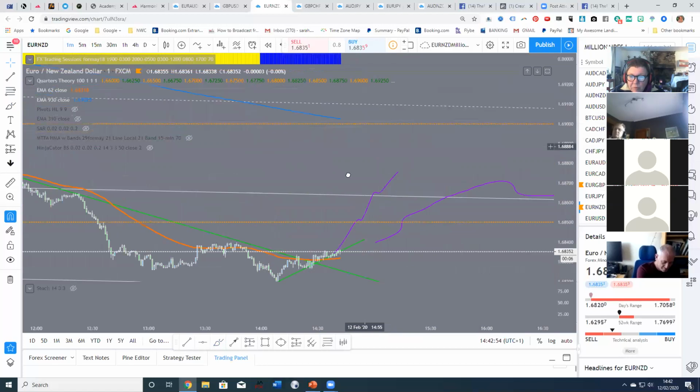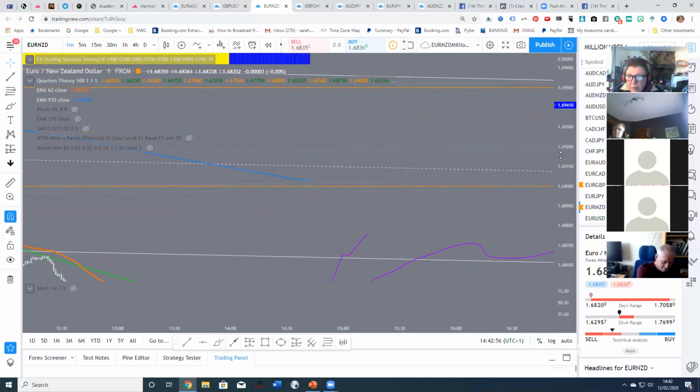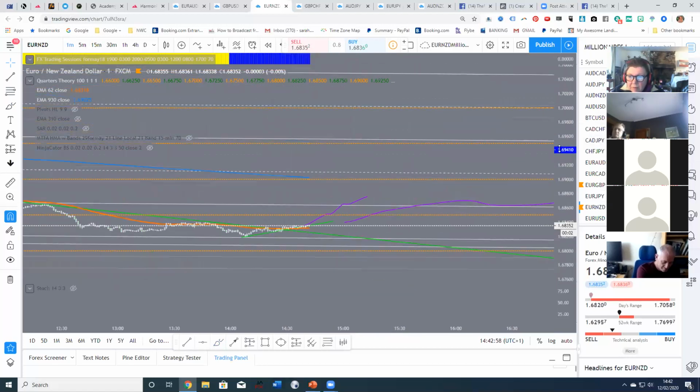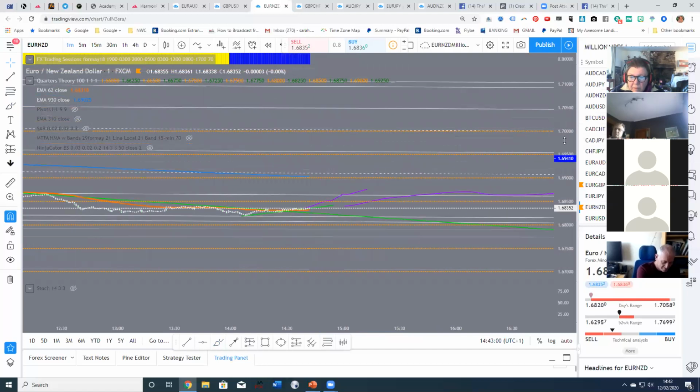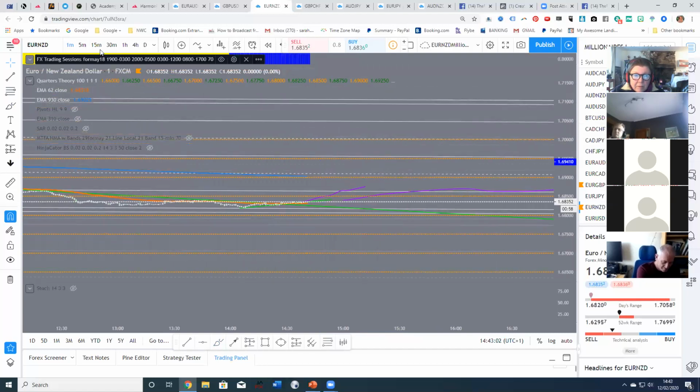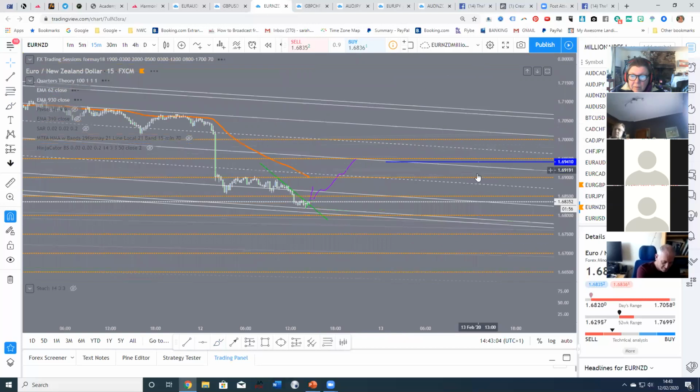And then your profit level will be at, where's it gone? Can't see it. Let's go back to 15 minutes. Take profit at 1.69410, or whenever you feel comfortable in between, because that could be take profit 2. Let me write down entry, and your take profit 2.